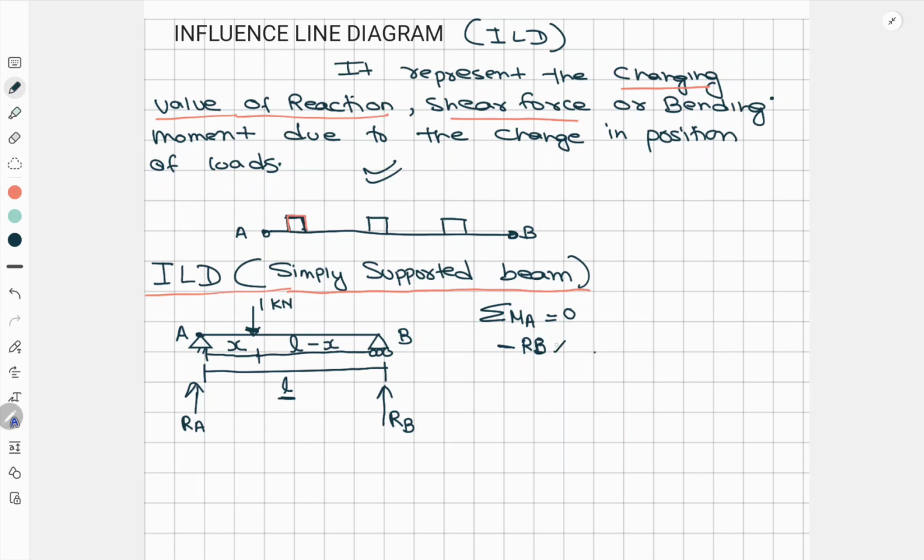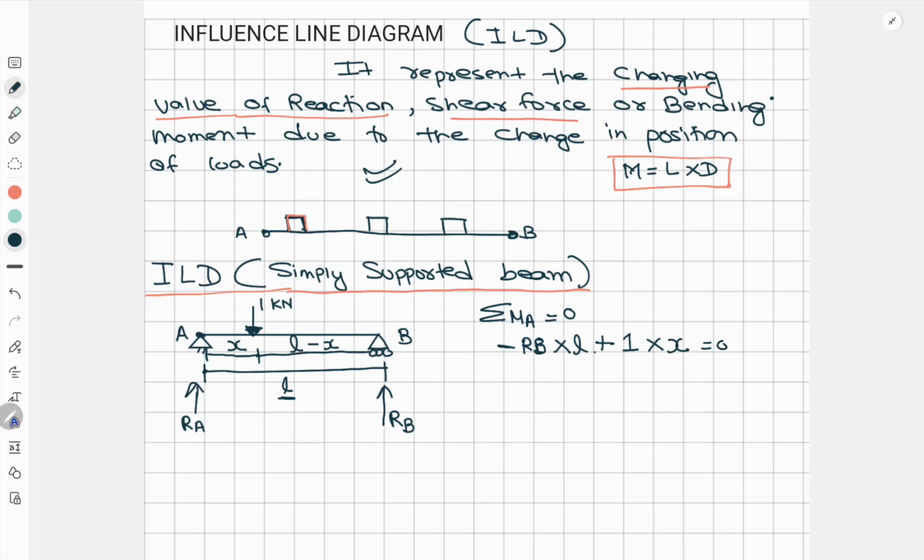So here RB into L, and always remember, to find the moment it is load into distance. These things you have to remember. So here load is nothing but RB, and the distance covered to reach A is L. Now again one load is there, that is 1, and it's acting downwards, so it will be a positive 1 into the distance to reach point A, it's x, right?